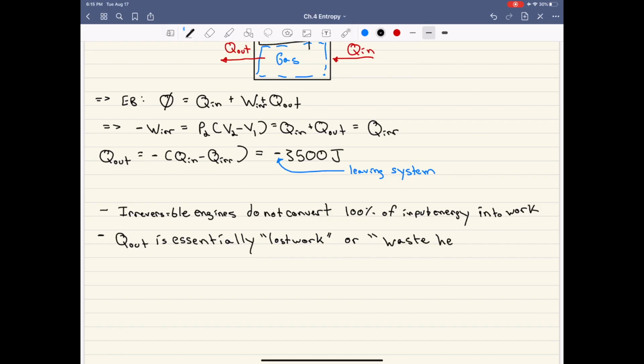And it's considered to be waste because it's valuable energy that you put into the system, that you paid for in order to extract work out of your expansion, right? And so that's energy that's not being used to perform work. That's the idea. Okay? And so this Q out is going to go from the system to the surroundings.